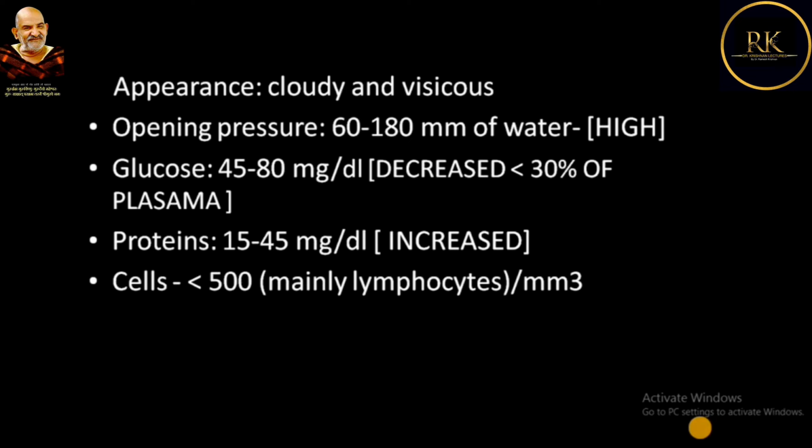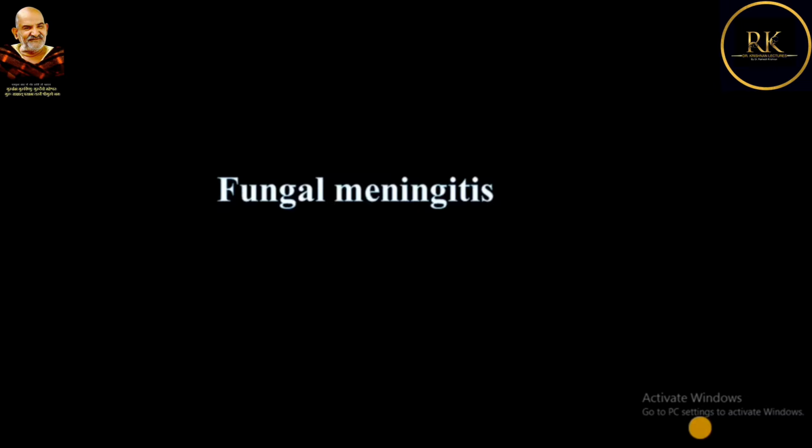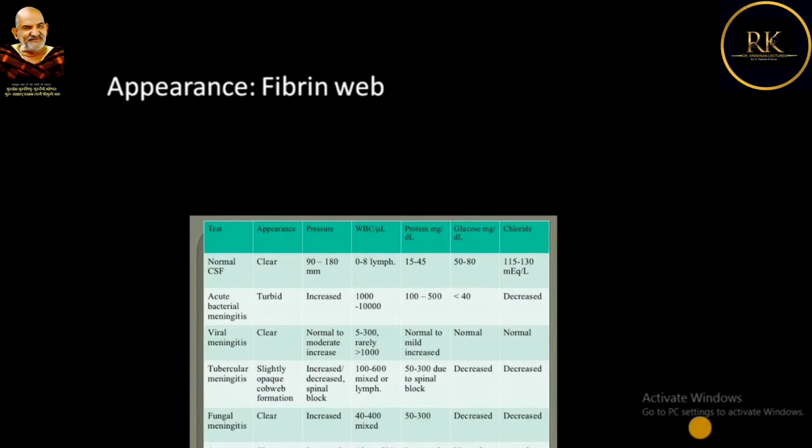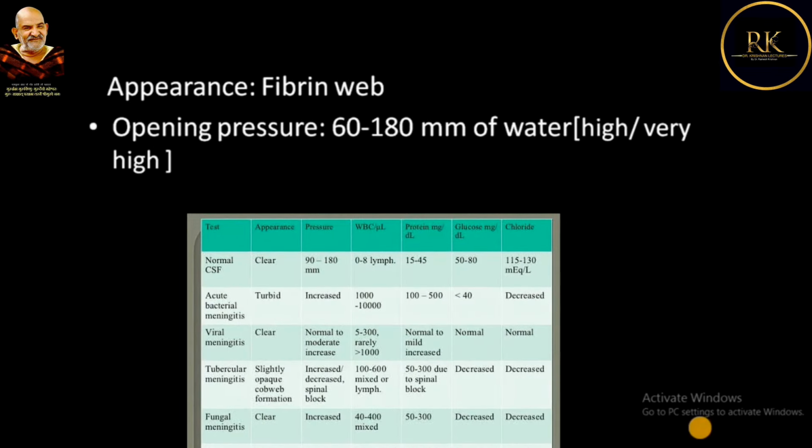Then the picture in the case of fungal meningitis includes: appearance is fibrin webs, opening pressure is high to very high in comparison to normal opening pressure of CSF. Glucose level is normal to decreased in comparison to normal CSF glucose level.